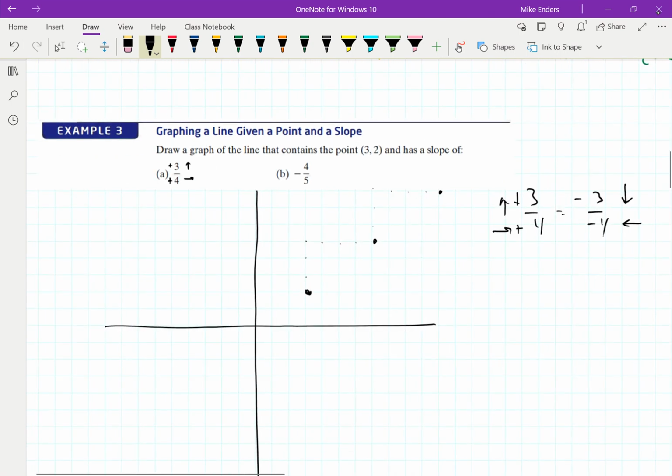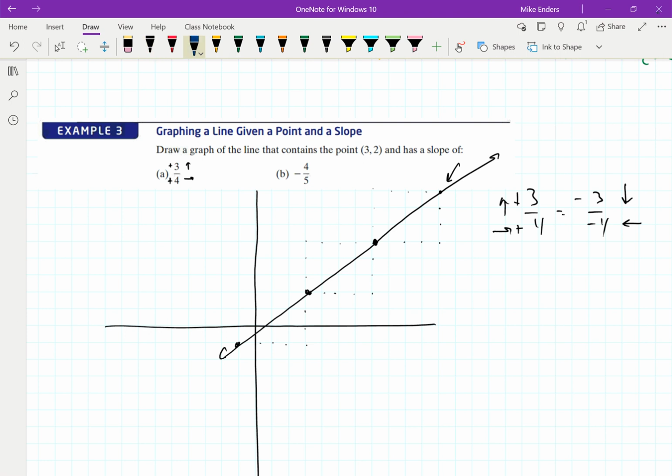If I start with this point back up here again, I can go down 3 and 4 left, and end up back at that same point. Down 3, 4 left again, and again. What I end up with is all these points on the same line, and that's what the slope is describing: how this line is changing.